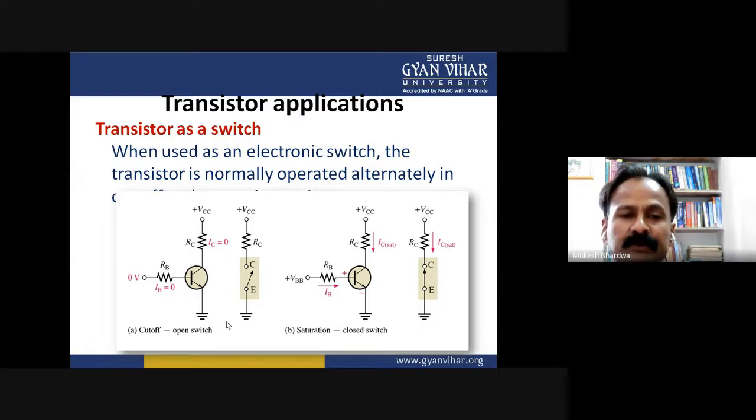And these are some notations shown in the figure. RB stands for the base resistance, RC stands for the collector resistance, IC collector current, IB base current, VCC, that is the applied potential.